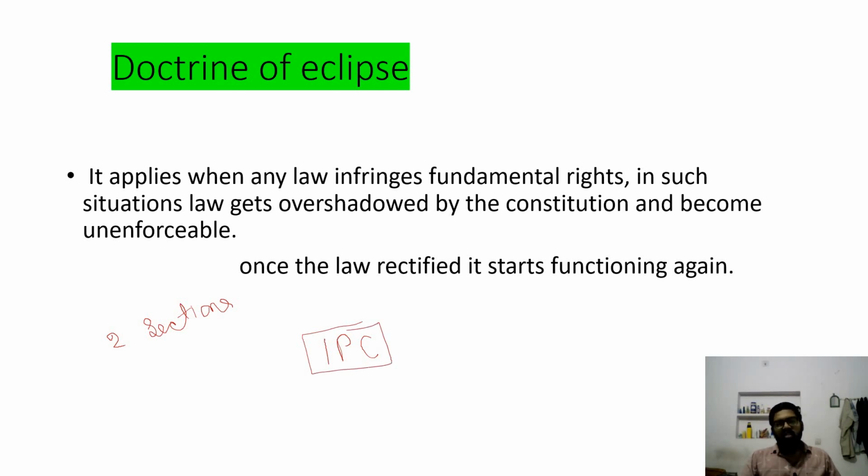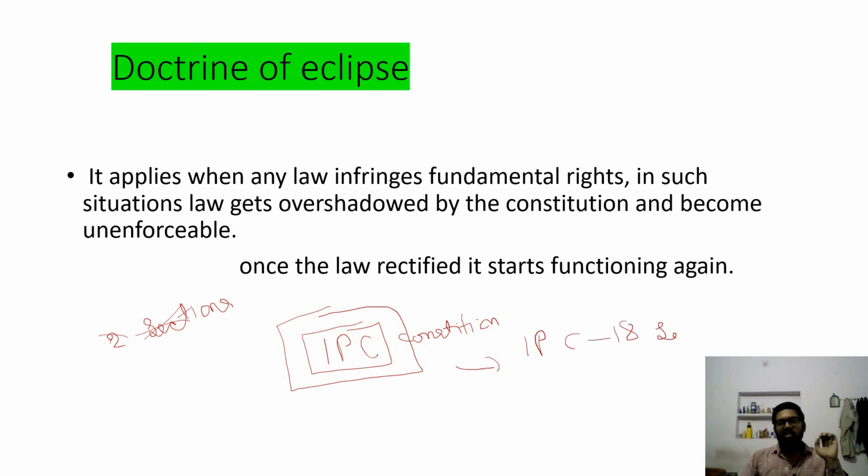The IPC will just go behind the constitution. It means the constitution overshadowed the IPC, the Indian Penal Code, and Parliament will sit and rectify these 2 sections. Parliament rectifies these 2 sections, and Parliament will say, okay, now IPC is good.